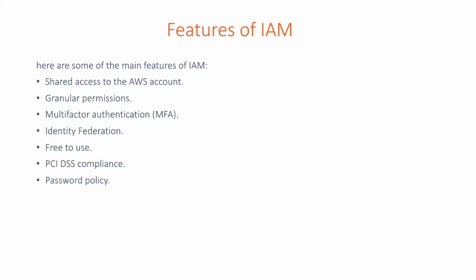Here are some of the main features of IAM: shared access to the AWS account, granular permissions, multi-factor authentication, and identity federation. When I say federation, that means many organizations already have an identity repository outside of AWS and would rather leverage that repository than create a new and largely duplicate repository of IAM users.